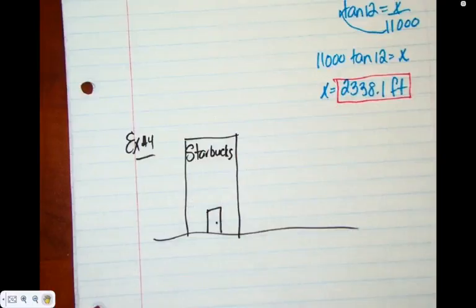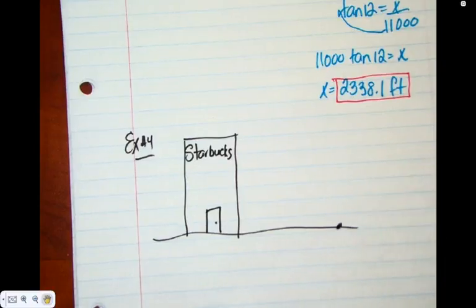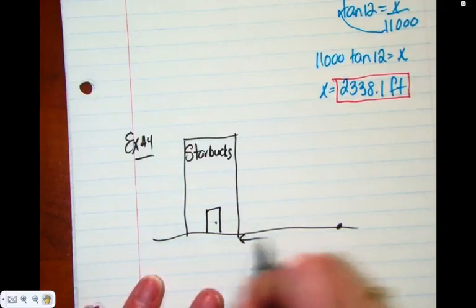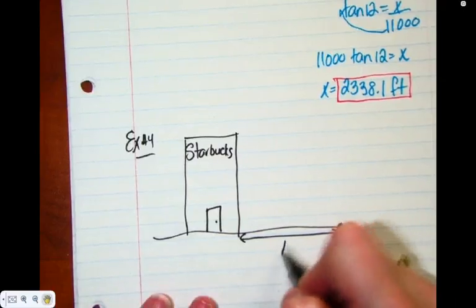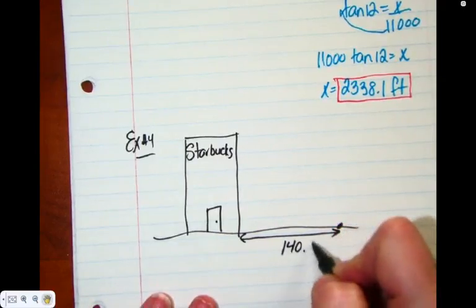It's a 5-level Starbucks. Yeah, it's huge. We need a point on the ground, so I physically am drawing a point on the ground. What's the distance from the bottom of the building to that point? 140.5 feet.